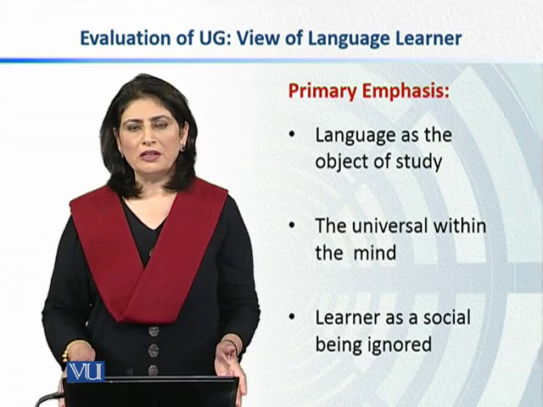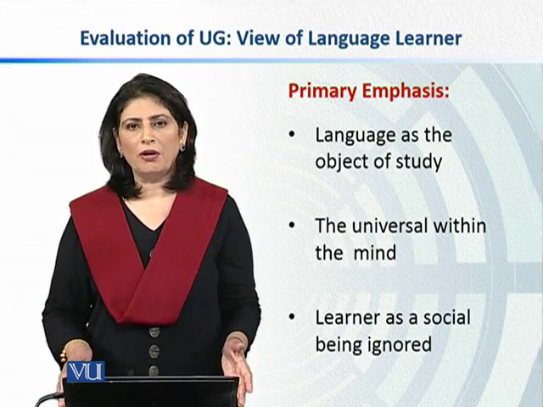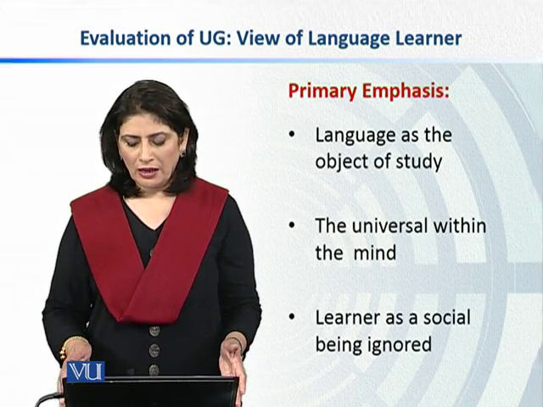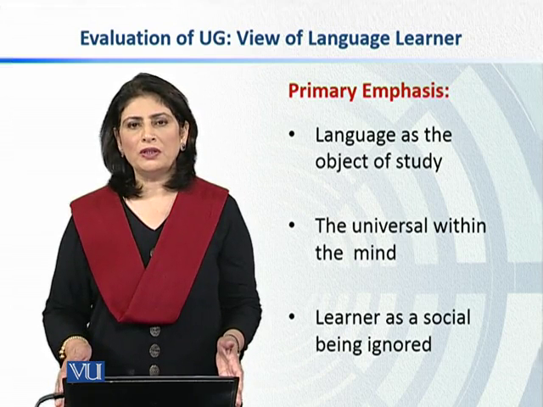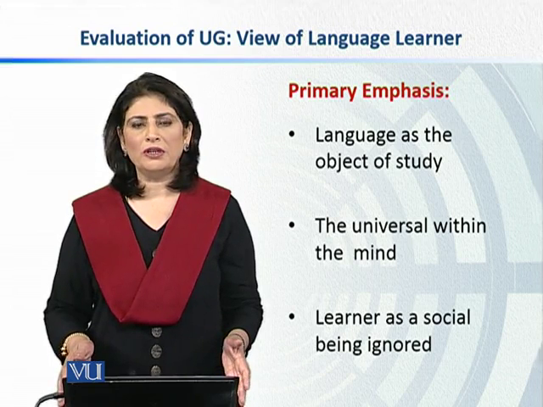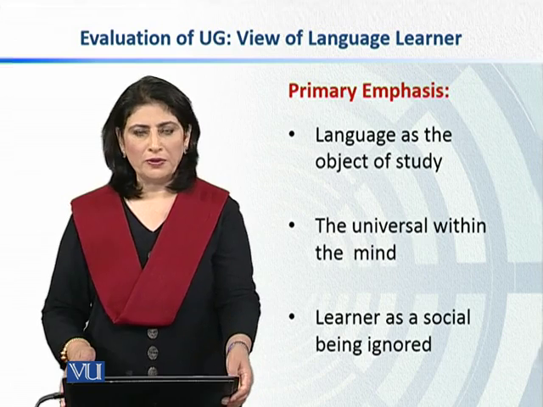What is common in the minds of the learners across languages? They are not interested in the social differences of the learners, or how their gender, their ethnicity or their location will affect the language learning process.